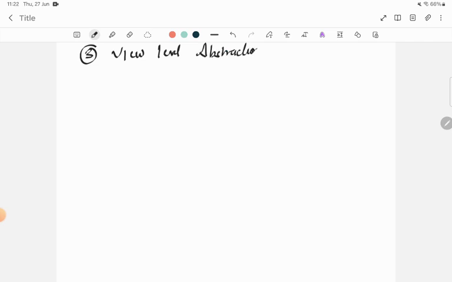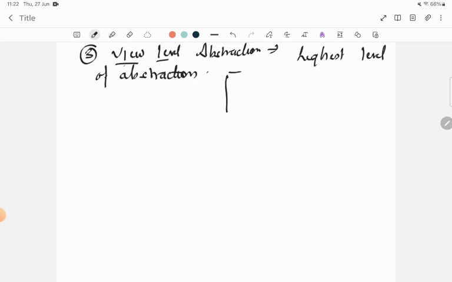View level abstraction. This level of abstraction is the highest level. So what does the view level provide? The view level provides a UI interface, or a tailored view of the database, to the user.